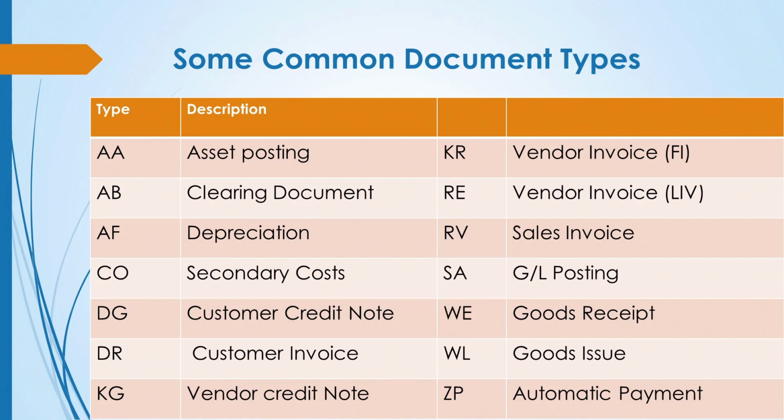Usually, the document type defaults in automatically depending on the app or transaction that you're using. For example, when you go into the app Post General Journal Entries, SA will usually show as the journal entry or document type, although you can change it to something else if required.